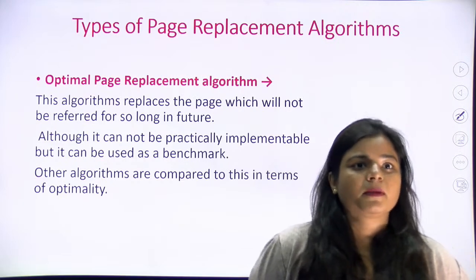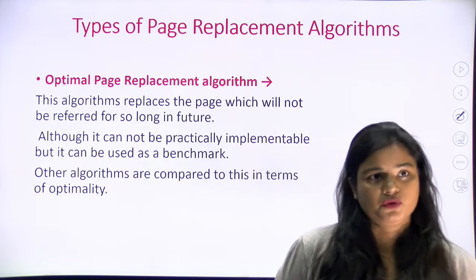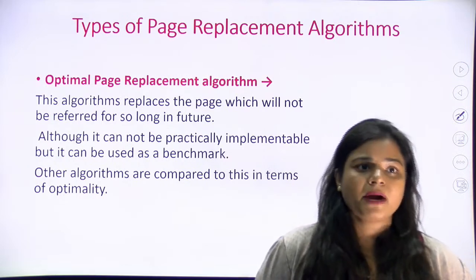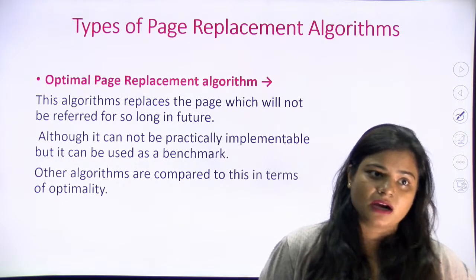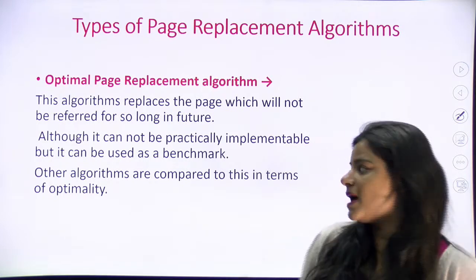This algorithm replaces the page which will not be referred to for the longest time in future. Although it cannot be practically implemented, it can be used as a benchmark. Other algorithms are compared to it in terms of optimality.